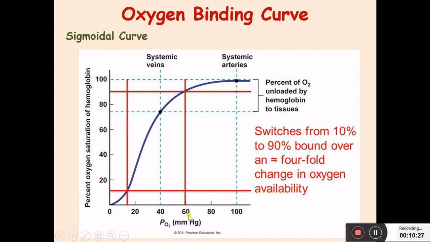Means with a fourfold change in oxygen availability, the loading capacity changes from 10 to 90%. Therefore, the protein that we required was to have effective unloading at low concentration and effective loading at high concentration, and we accomplished it by using hemoglobin as a transport protein.